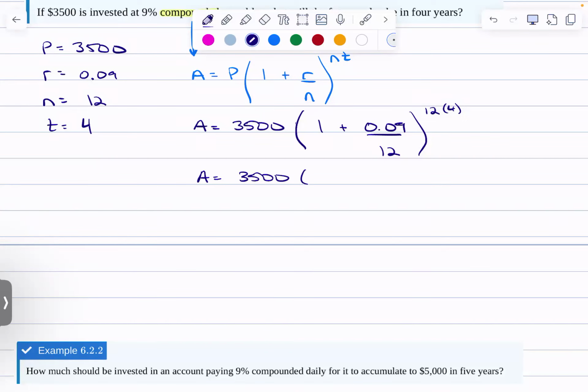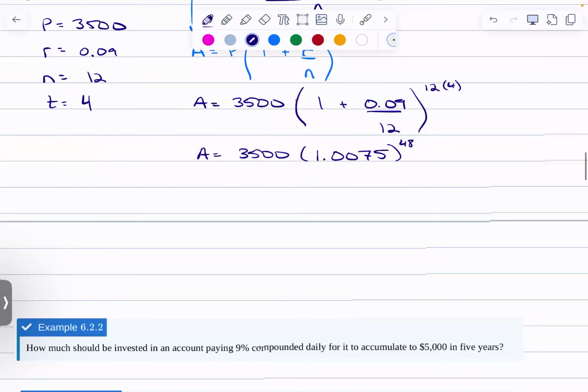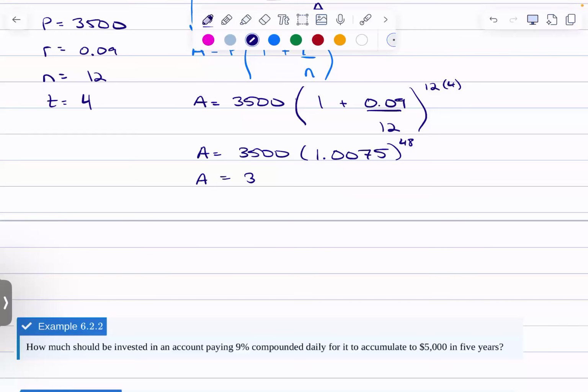I'll write out some steps here. 1.0075 to the power of 12 times 4, which is 48. So 3,500, oops, sorry, I need to do 1.0075 to the power of 48 first. That's 1.43140533.